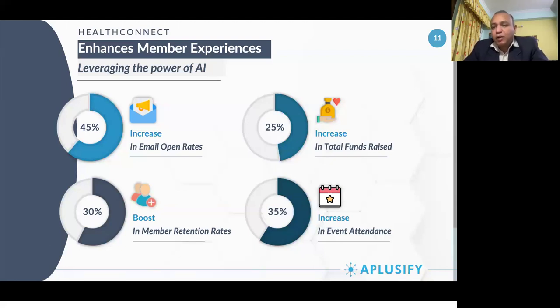So it has two parts: predictive AI and generative AI, and both are available within Salesforce Einstein if you have that engine in place. And it's easy to use if you've got the right data in place.